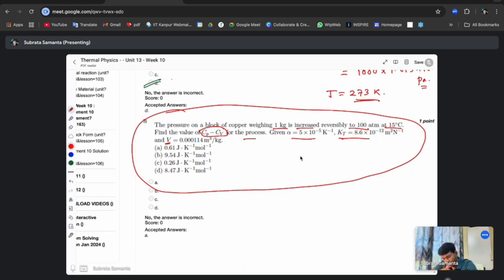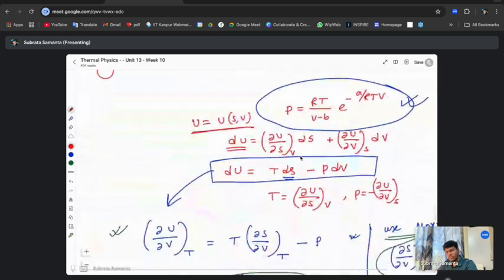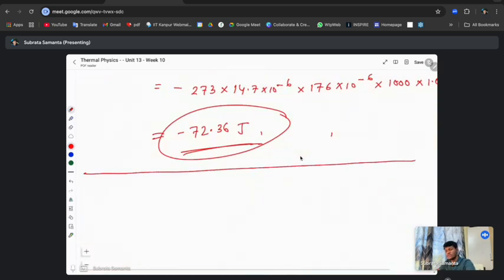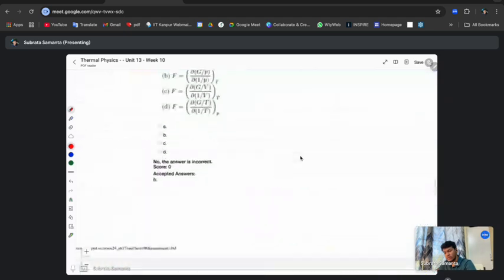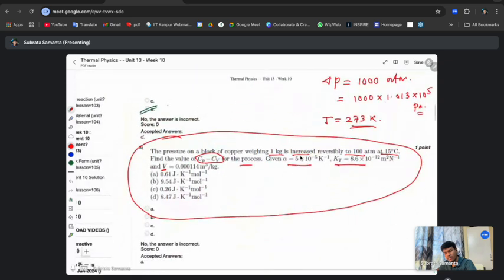Finally you have to calculate Cp minus Cv. So what is the expression to calculate Cp minus Cv? Let's first derive this: how to calculate Cp minus Cv from the quantities that are given, which are alpha and Kt.